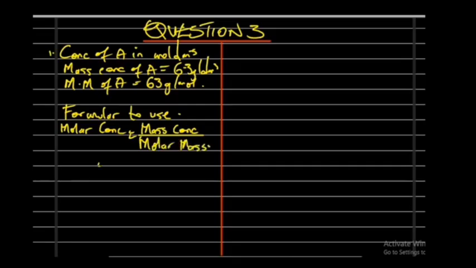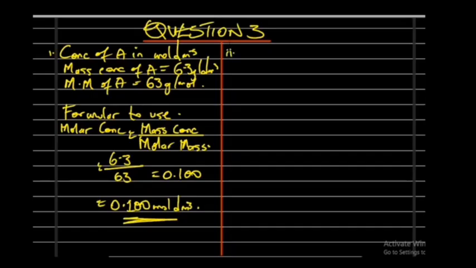So doing that, we'll be having 6.3 divided by 63, and that is giving us 0.100. So our final answer for that question there is 0.100 mole per dm cube, since we are told to calculate the molar concentration.